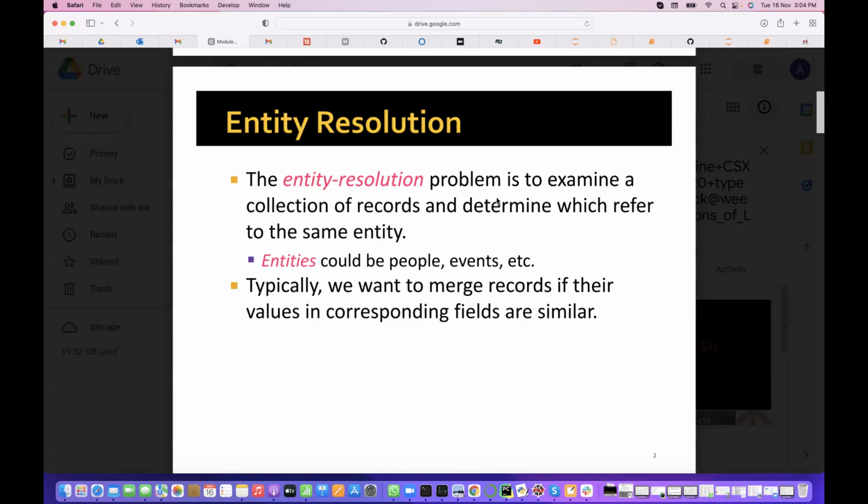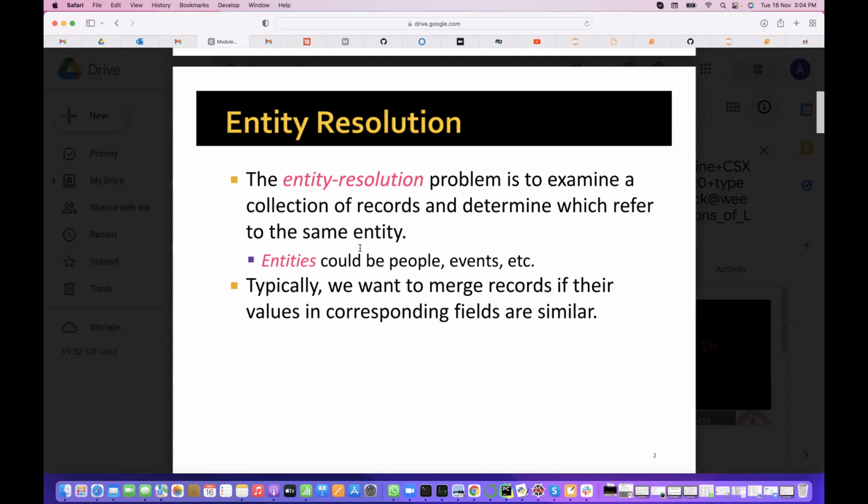The entity resolution problem is to examine a collection of records, whatever it is, records of people, records of organizations, and determine which refer to the same entity. So what problems will we have? Somebody might have written simply the full name or with initials.